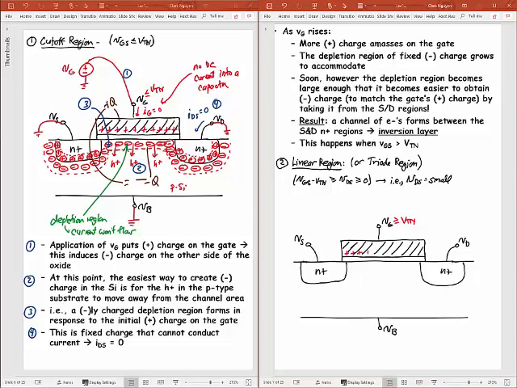So I still have my plus charge here, but I've got more of it. So I'm going to show more of it by just putting 2 layers of plus charge in my gate. Okay, I have more positive charge. The other side I have to equate with more negative charge. And so what will happen at first is the depletion region will grow to accommodate, right? Because I've got to pull out those holes, so more holes will come out of that region. And the depletion region that I had there will now grow to a bigger size.